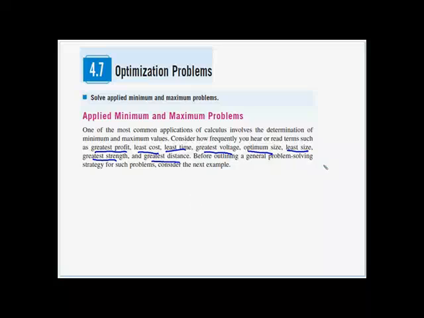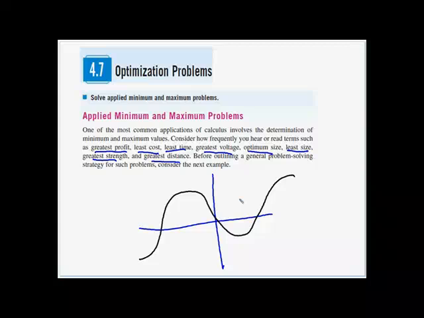Before outlining the general problem-solving strategies, we're going to just dive right into an example. What we've done in the previous section is look at some function, and we know we have min and max values. Maybe there's a problem in industry where you have a product that you want to box up and ship.